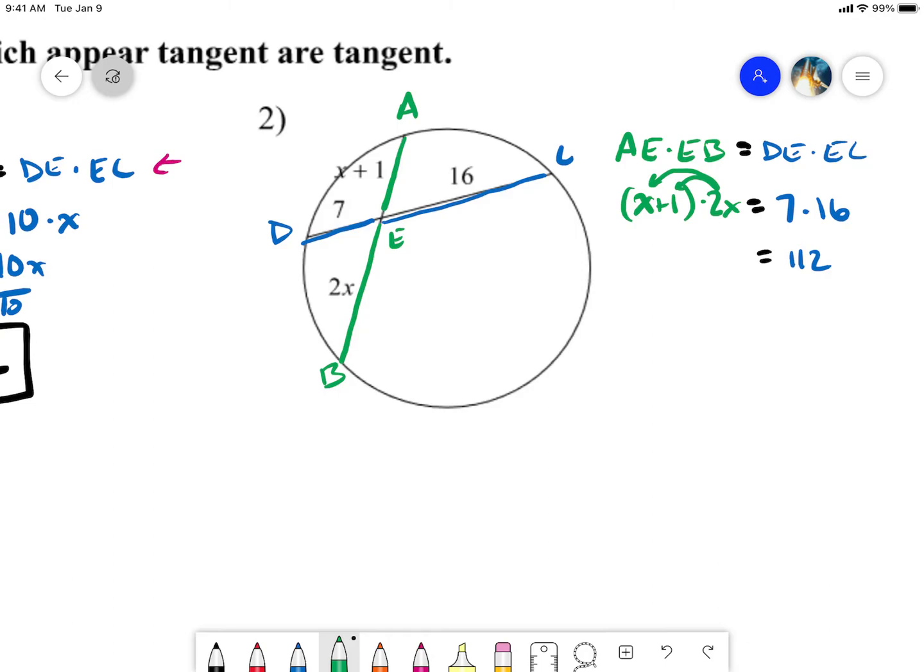It's 2x squared. If I take an x and I multiply it by an x, that's x squared. Okay? So 2x times x will give me 2x squared. And then I still have to distribute. And 2x times 1, so it would be plus 2x. Okay?